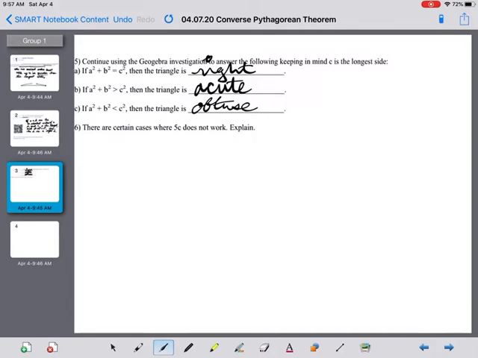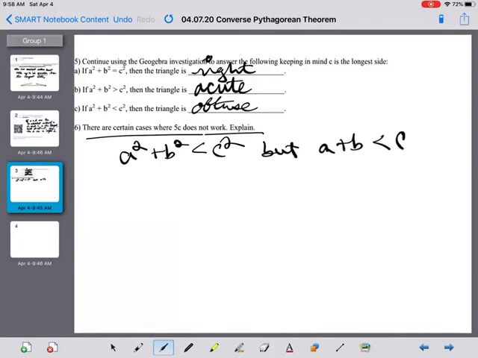Now, there are certain cases where this does not work. And this goes back to question number 1 on this sheet. Isn't it possible for A squared plus B squared to be less than C squared, but A plus B is less than C?